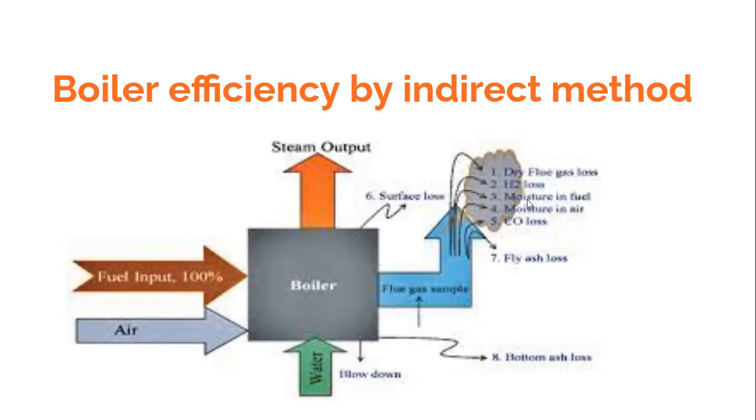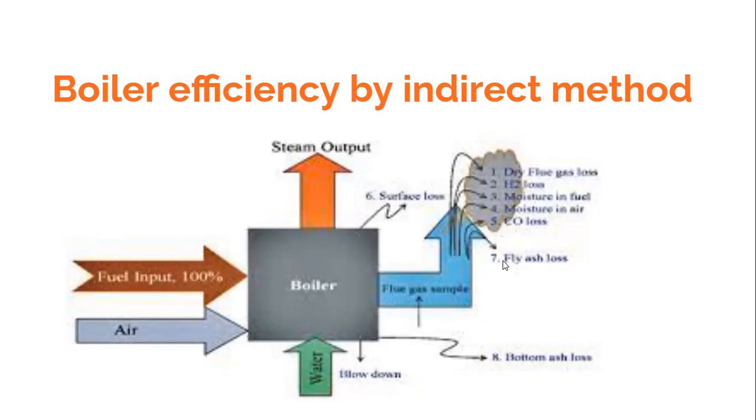Then there is a loss because of moisture in the fuel. Then there is a loss because of moisture in the air which is supplied for combustion. Then there is a loss because of incomplete combustion, which is reflected in the formation of CO. CO means carbon monoxide. Then there are surface losses because of conduction, convection, and radiation.